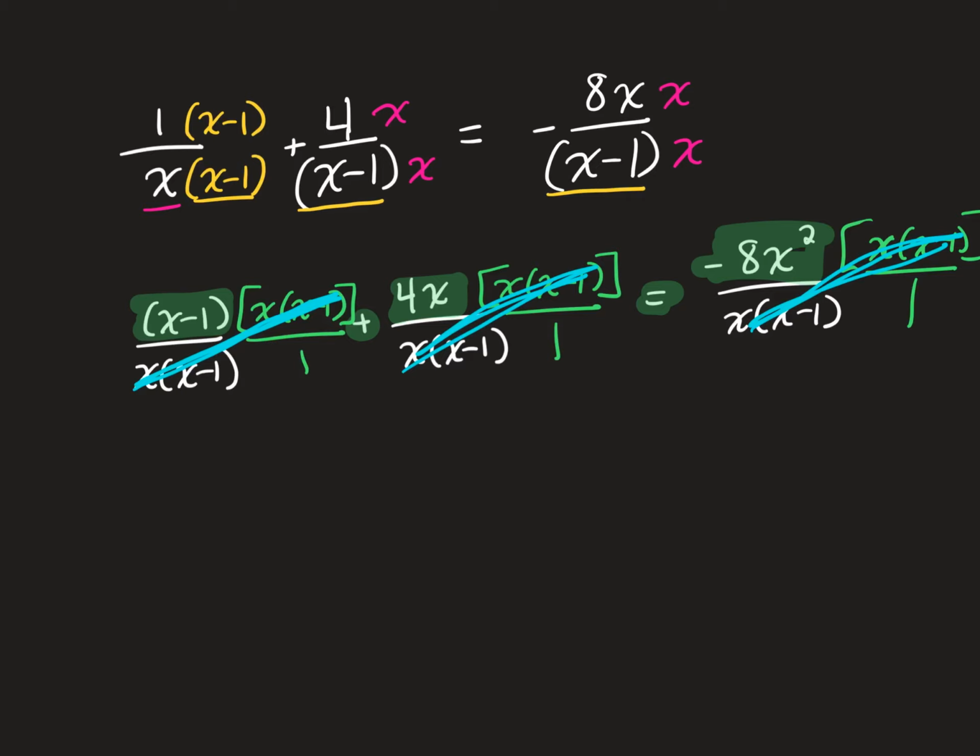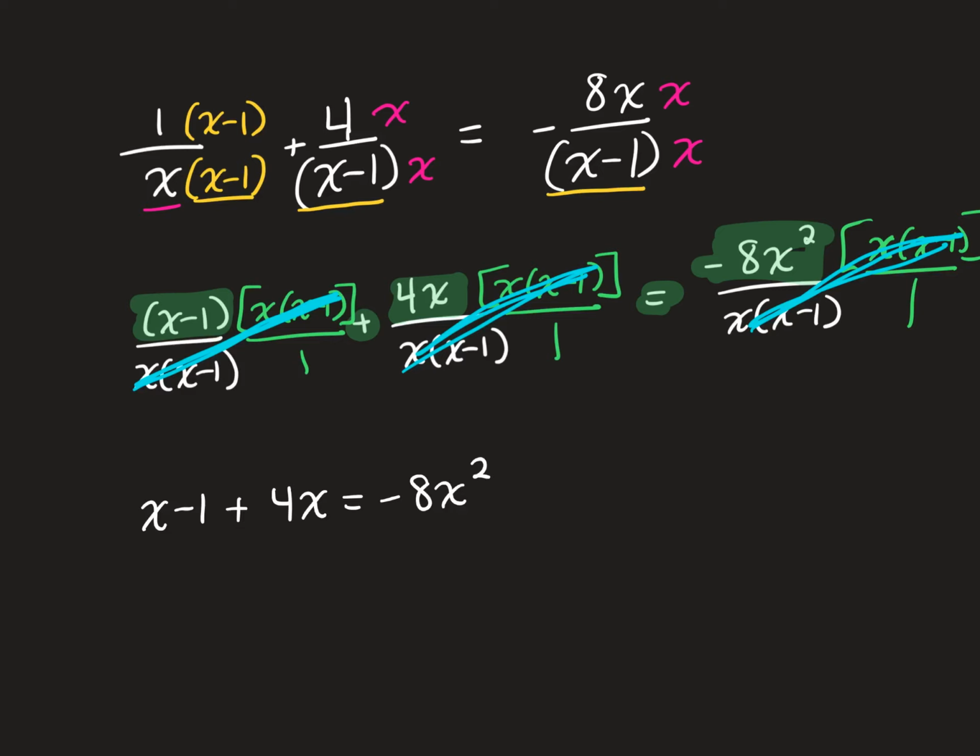So let me write that. So I'd have x minus 1 plus 4x equals negative 8x squared. Now once again, I'm noticing that there's a squared here, which means I'm going to have to solve a quadratic. And that's part of what I think level 3 was. You typically resulted in a quadratic.